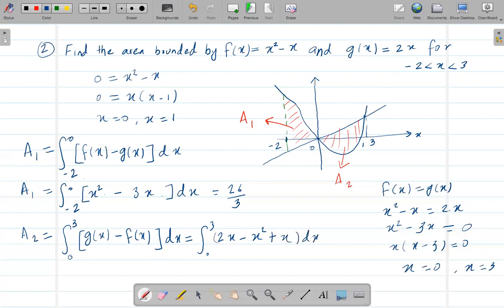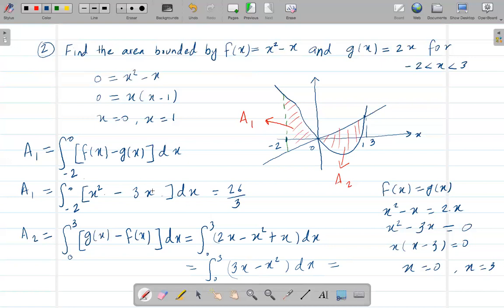Right? So now look at this. Here 2x plus x, we will get 3x minus x squared dx. All right. So look at this, we get two different equations, right?